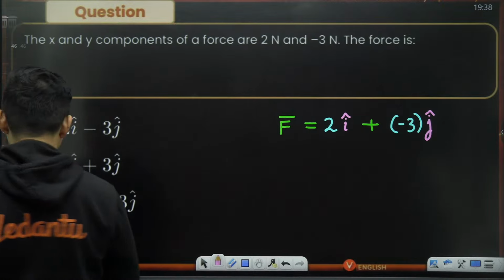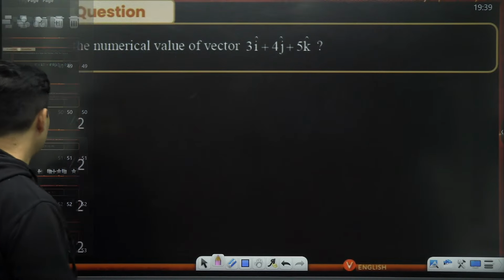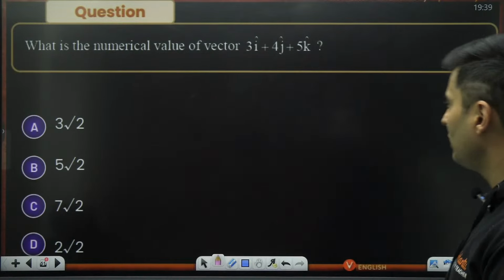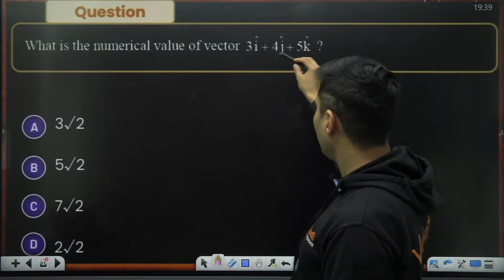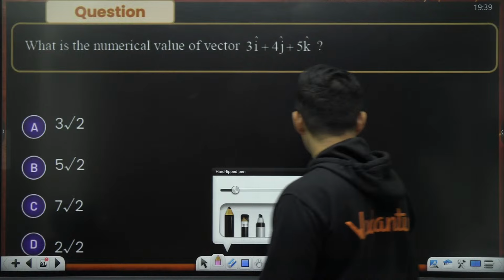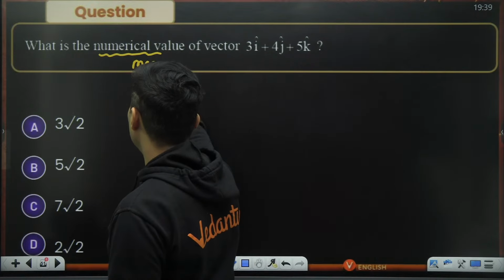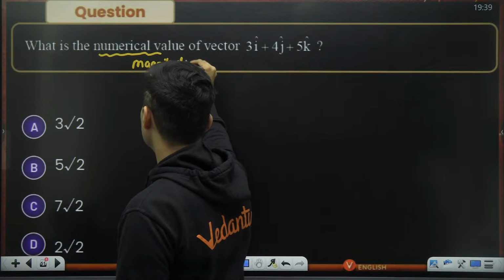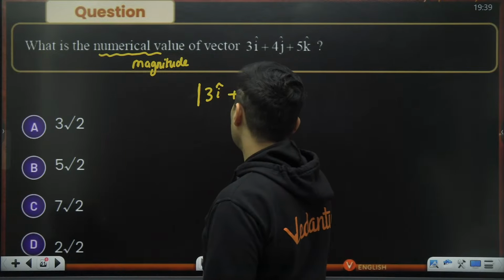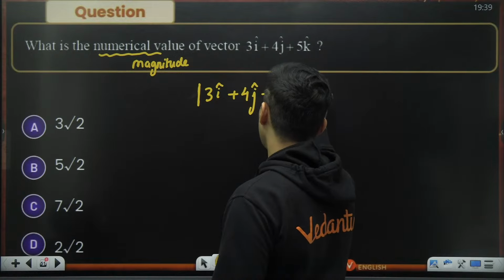Tell me whatever your doubt is. Okay. What is the numerical value of the vector 3i 4j 5k? Numerical value means nothing but the magnitude of the vector. So essentially what they are asking is, what is the magnitude of 3i cap plus 4j cap plus 5k cap?